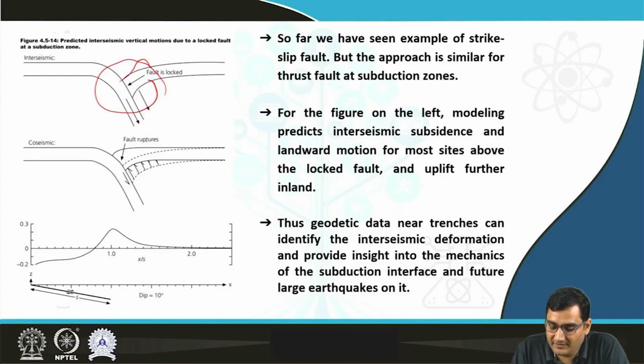And when there is a rupture at this particular zone, the energy will be released, and then you can make out that the geodetic data near the trenches can identify the interseismic deformation and provide insight into the mechanics of the subduction interface and future large earthquakes on it.